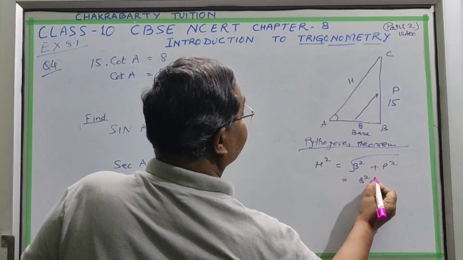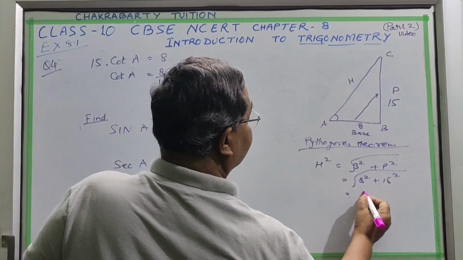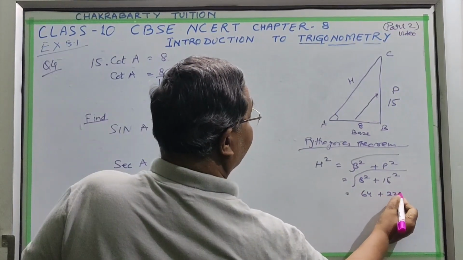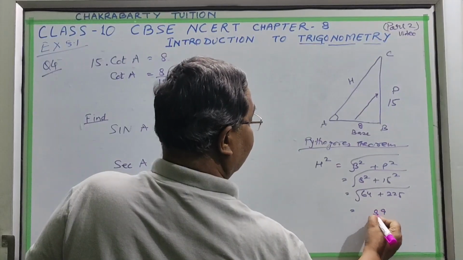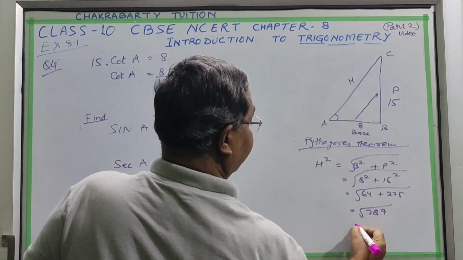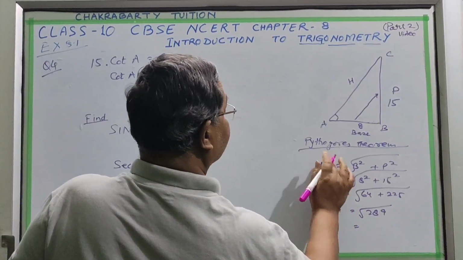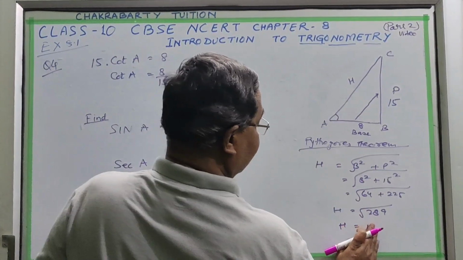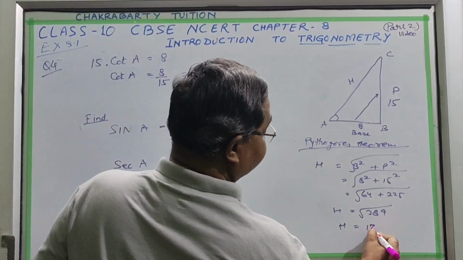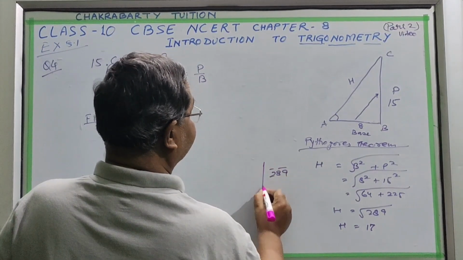So this is 8 squared plus 15 squared, equal to 64 plus 225, equal to 289, which is H squared. So H is equal to the square root of 289, and it is coming as 17.